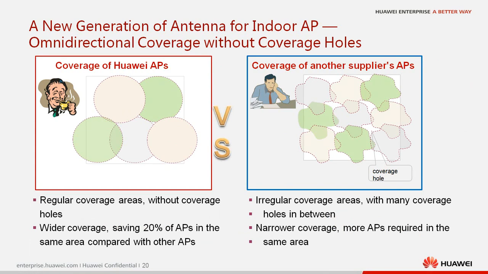That is extremely important when you're doing mission critical applications over wireless LAN. You want to make sure that the wireless LAN product that you have deployed in your enterprise gives you complete coverage rather than leaving the holes as shown on the right-hand side.